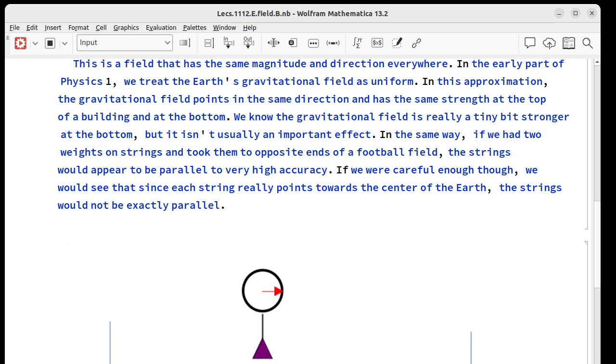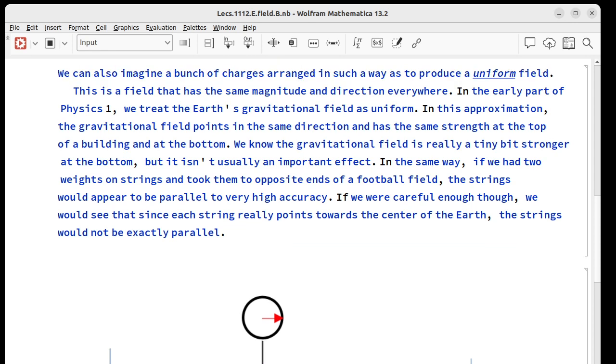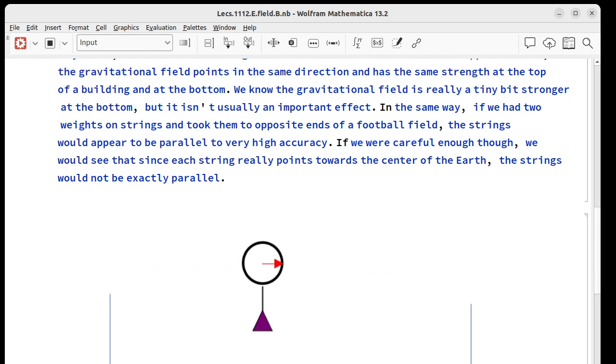It'll always point to the center of the Earth. For a uniform field, these two lines are perfectly parallel. They both point in the exact same direction. Also, if the field is uniform, it's the same strength wherever we are. So this scale holding this purple mass reads exactly the same thing here as it does higher up.